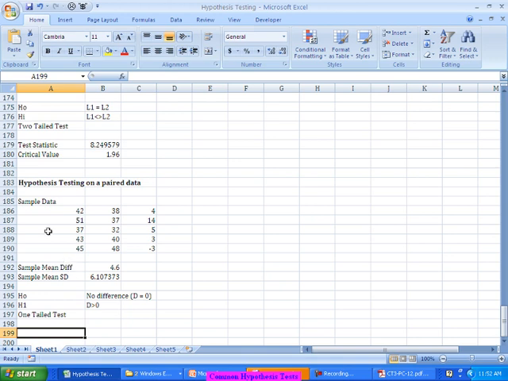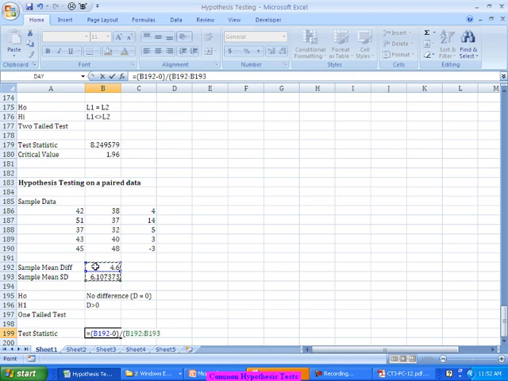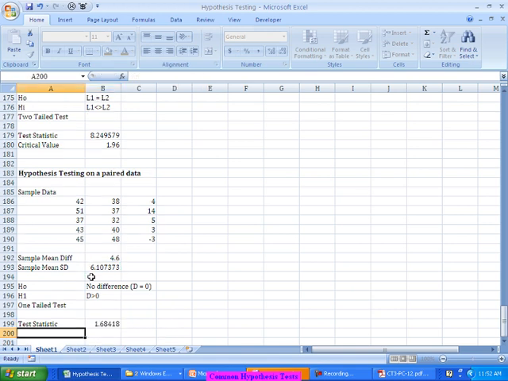Based on this, I'm looking at the test statistic, which is nothing but the sample mean difference minus the hypothesized mean difference, which is 0, divided by s by root n. So s is 6.1 in this case, and n is 5, so it is 6.1 by square root of 5. So my test statistic is 1.68.